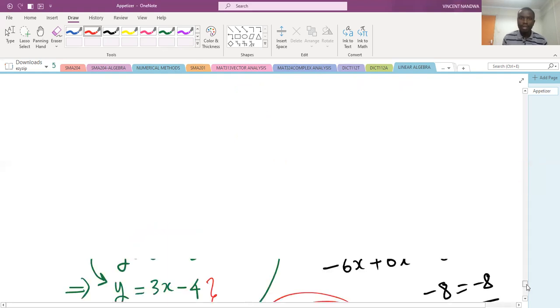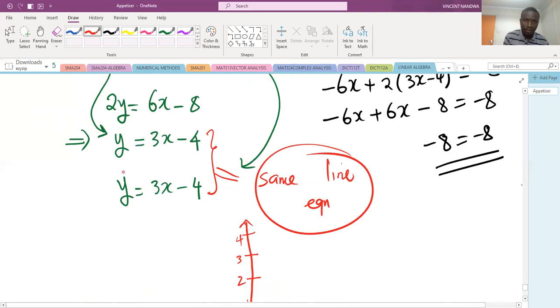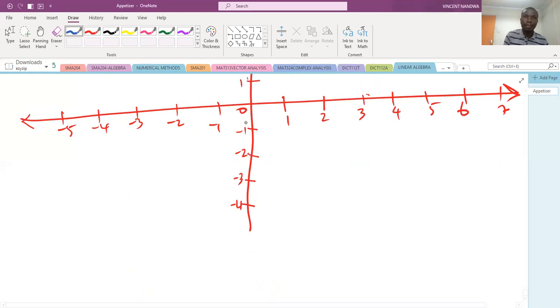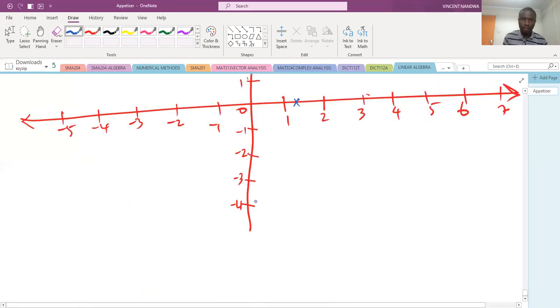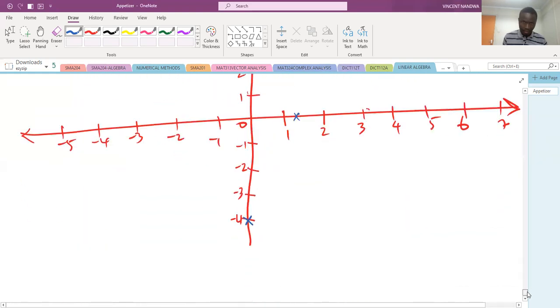For the second equation, the x-intercept will be when y is 0. So it'll be 4 over 3, which is about 1.3, so somewhere here. So it's this point here. And then the y-intercept will be when x is 0, which is minus 4. So this point here. So I'll have this line.